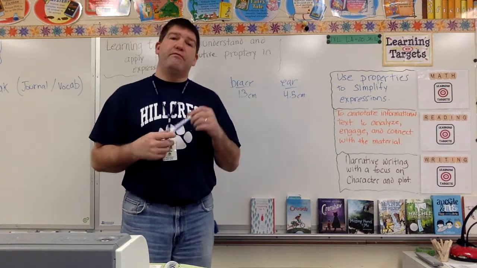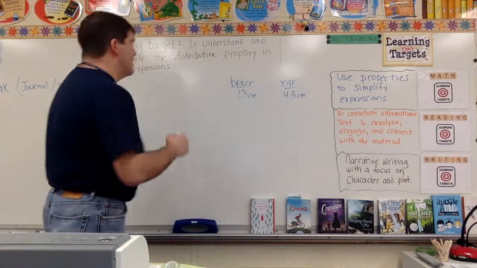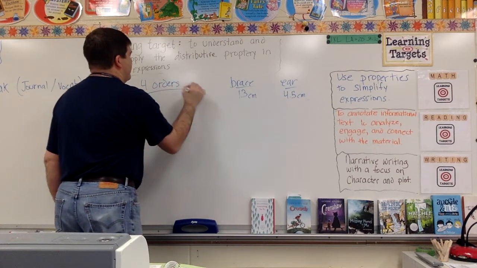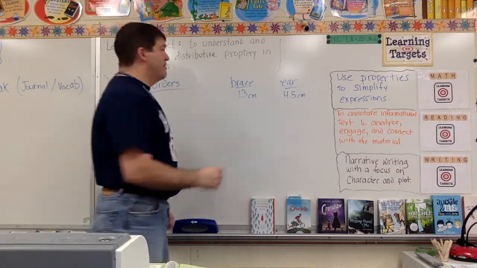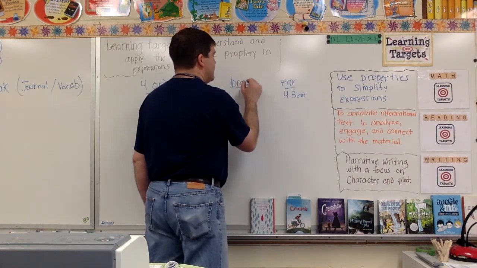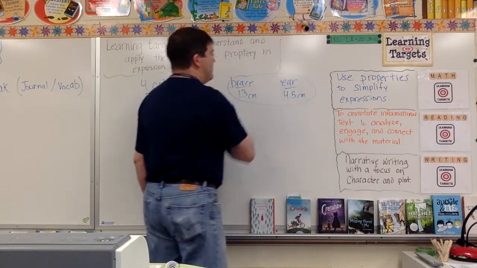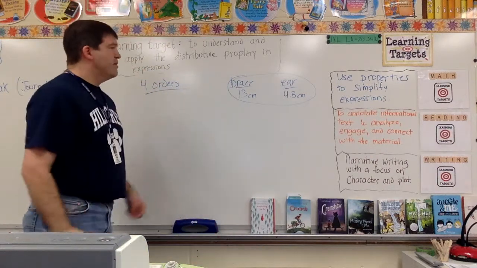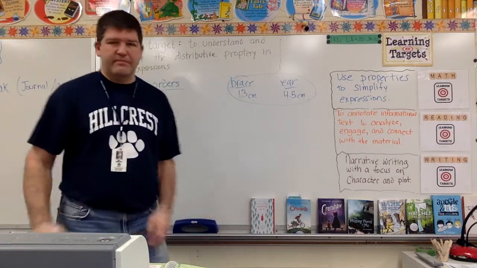Now I have 4 orders, 4 orders for a set of a bracelet and an earring. 1 bracelet, 1 earring. So 4 people, they want this and this.